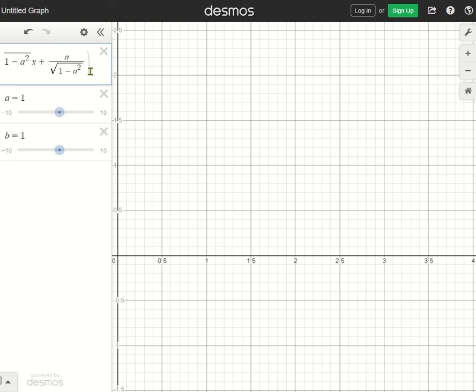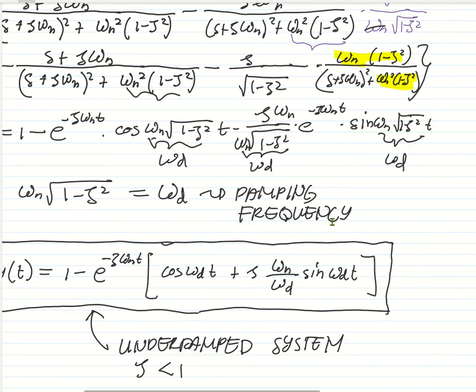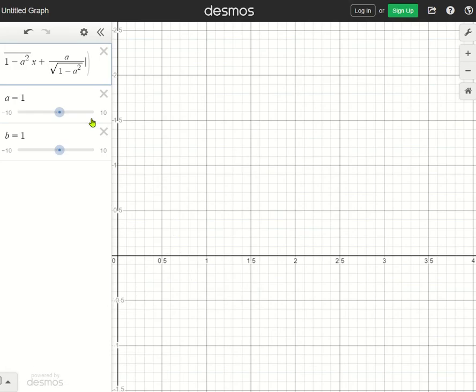Then you multiply this with sine of omega d x, where omega n is b times the square root of 1 minus our zeta, a, squared.